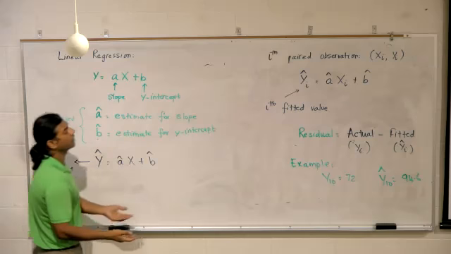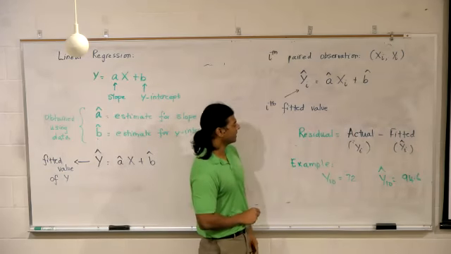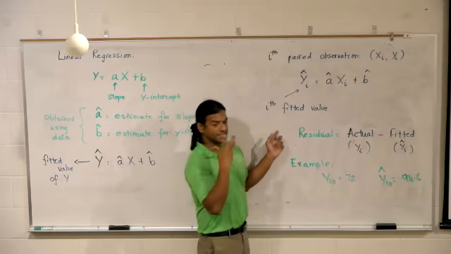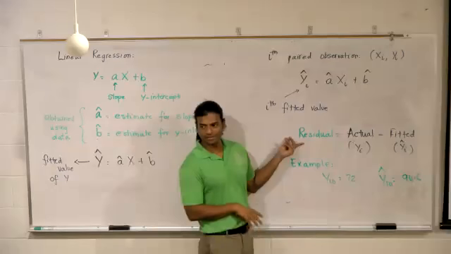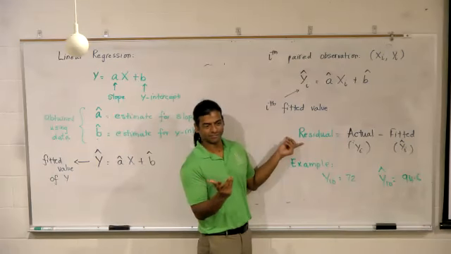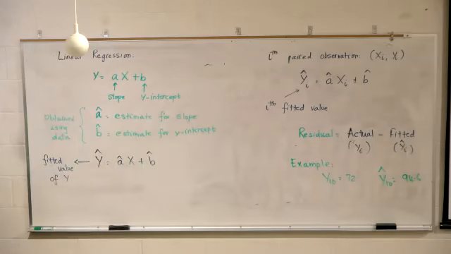There will be at least one observation that sort of doesn't fit the pattern. So what we would ideally want is a zero residual, but we're not going to get a zero residual. There will always be a residual.